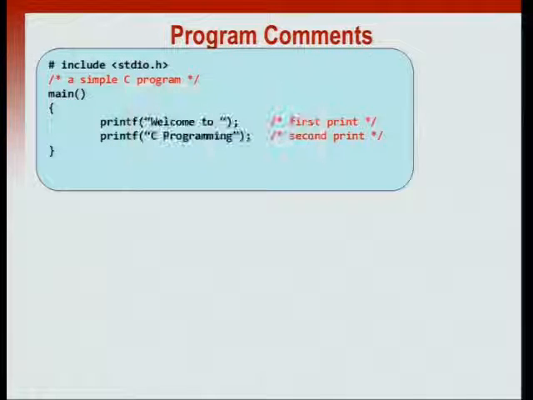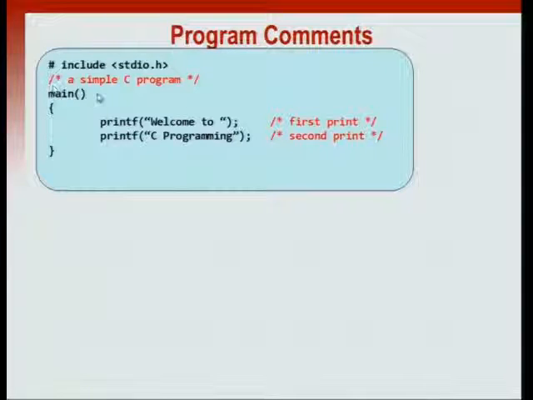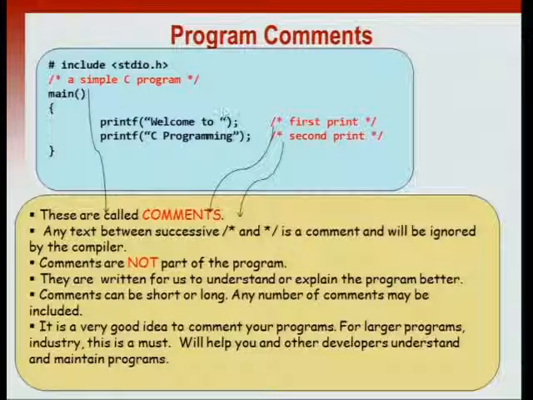Now when you code, in addition to the statements which are actually executed, you may also give a few additional remarks. These are what are known as program comments. For example, the lines a simple C program, first print and second print, these are the comments in the code. Okay. So whatever is highlighted in red in the code is what are known as comments.